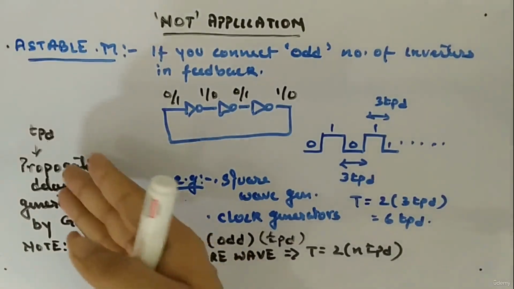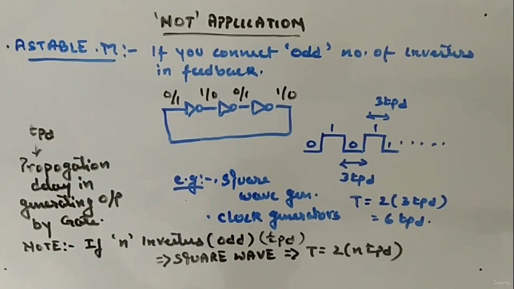Okay, so TPD is the propagation delay for generating the output by a gate. Now you can generalize this. If n inverters are connected in feedback, where n is an odd number, and each of them has TPD delay, then it will generate a square wave at the output whose time period will be 2 into n TPD.